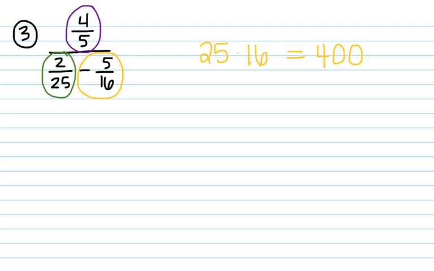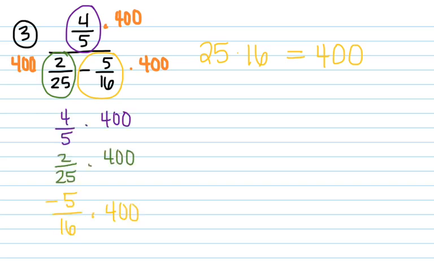So I'm going to multiply every single one of these little fractions by the LCD 400. And I'm going to make 3 different problems and simplify them. So when I multiply 4/5 times 400, I multiply the 4 times the 400, and I get 1600.